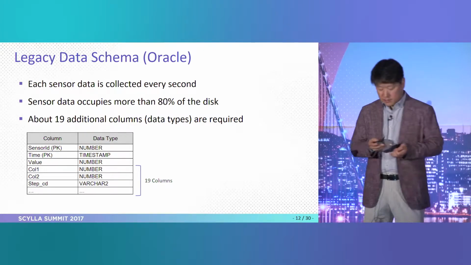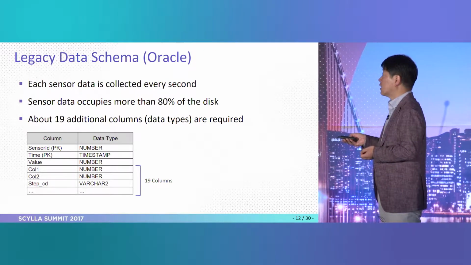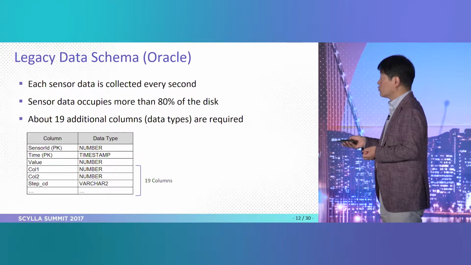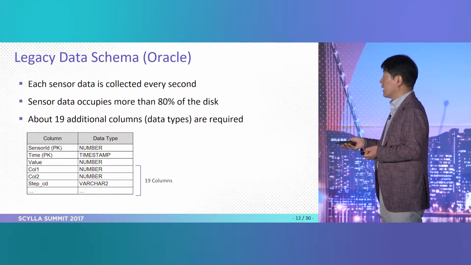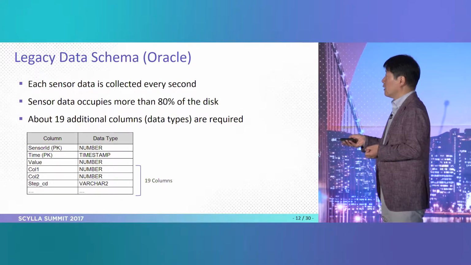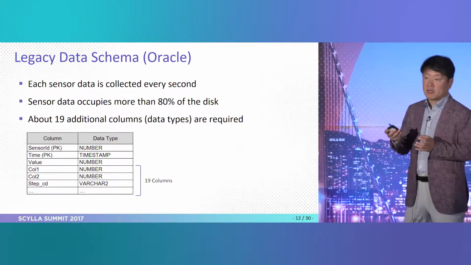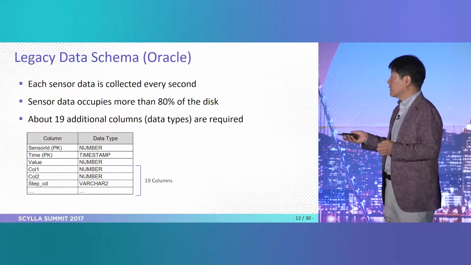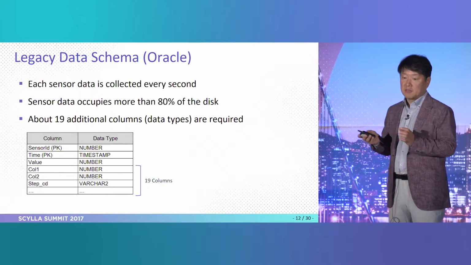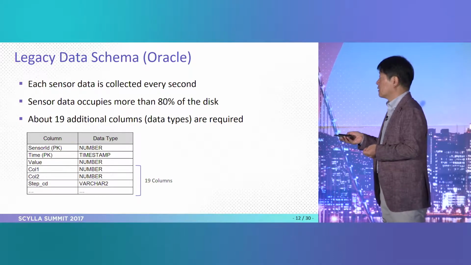And also, there are additional columns. As you can see here, column 1, 2, step CD, and so on, 19 columns are included here because the customer wants to have some in-depth analytics.